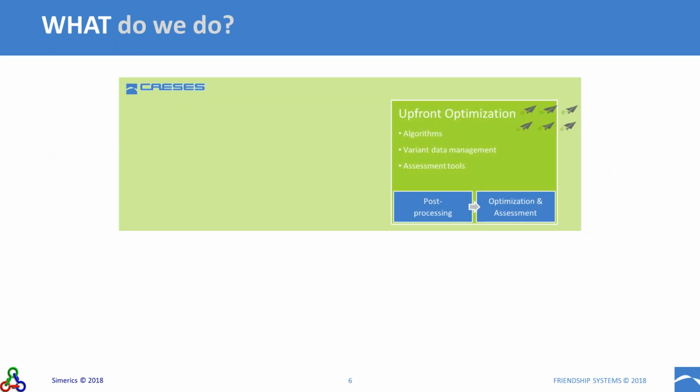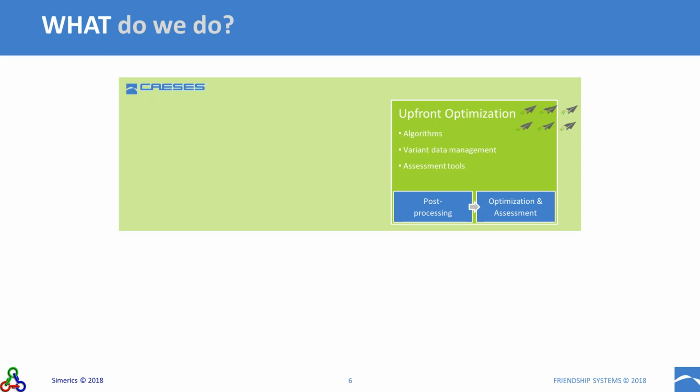So let's talk about what we do. I mentioned our main business is this product CAESES, and this product comprises mainly two parts. The first one is an optimization part. This provides all the tools that are necessary to run an optimization process: the algorithms that you might need for optimization or for a design of experiments.